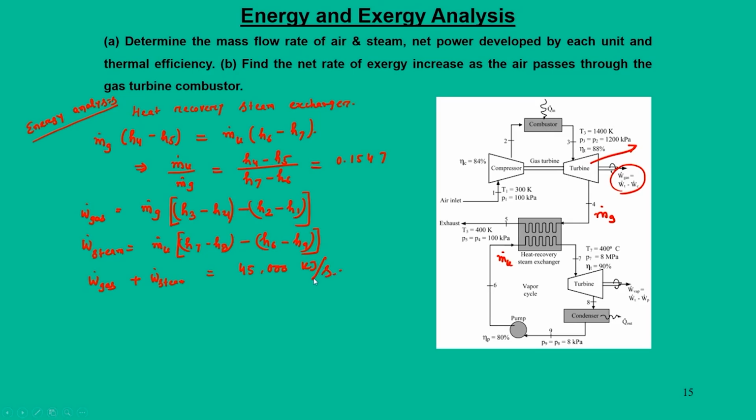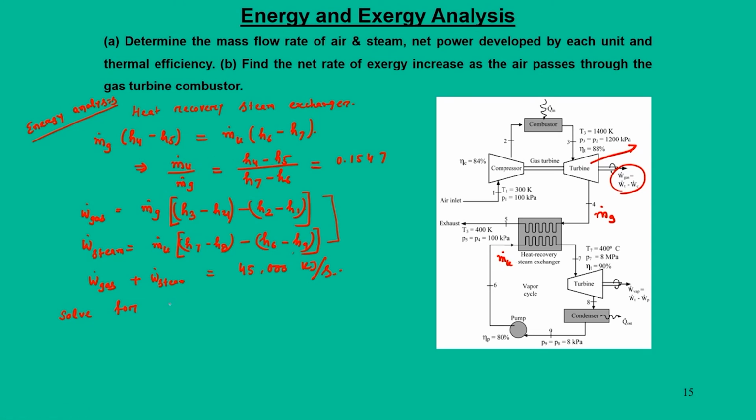So, we have two equations now. Combining these two and solving, because all the data points are known, the unknowns are m dot v and m dot g. So, two equations and two unknowns.